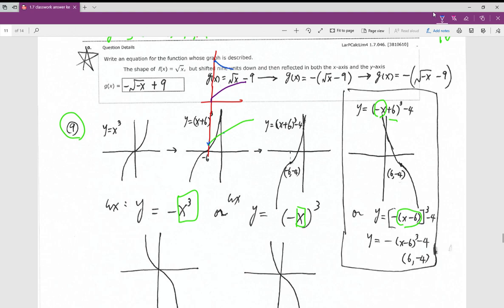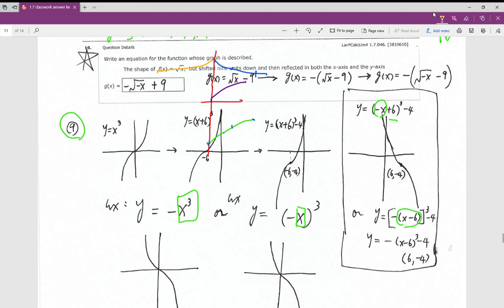So it will be like that. And then also reflect on the y-axis. So left, right. Let me choose another color. How about this color? Left, right. It becomes like that. Now, they didn't ask you to graph, I just graphed it for you.